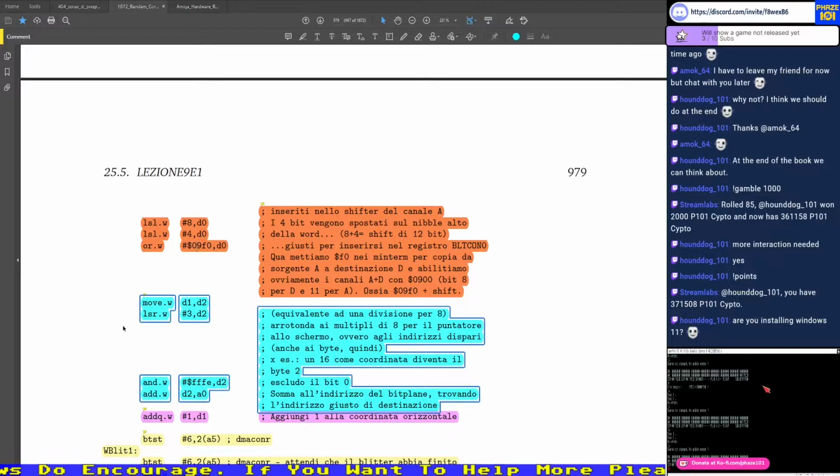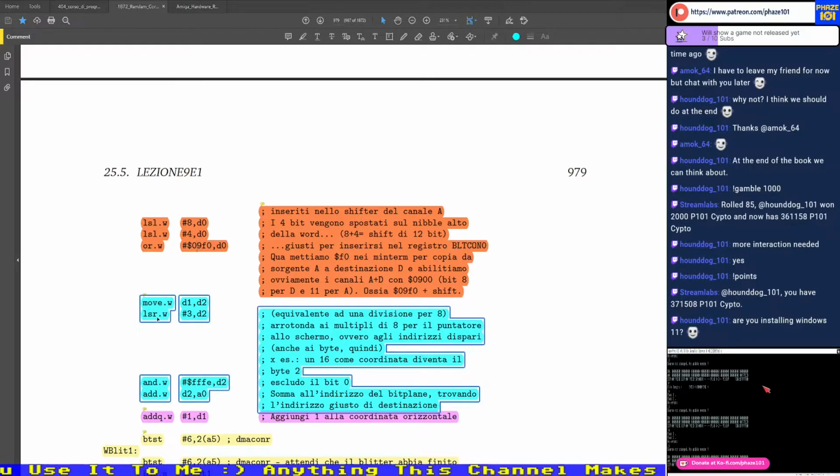Depending on the position, we divide by 8. So let's say we are in position 100. If we divide that by 8, we get 12. 12 times 8 is 96. 100 minus 96 is 4.